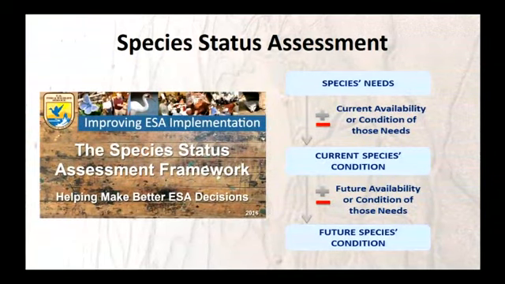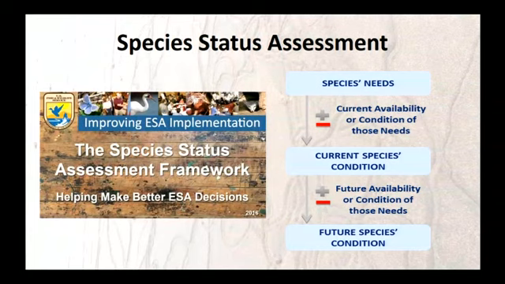So, the species status assessment is this emerging or new-ish paradigm that the Fish and Wildlife Service is using to put together all the scientific information that they need to help support decision-making for endangered species under the Endangered Species Act.